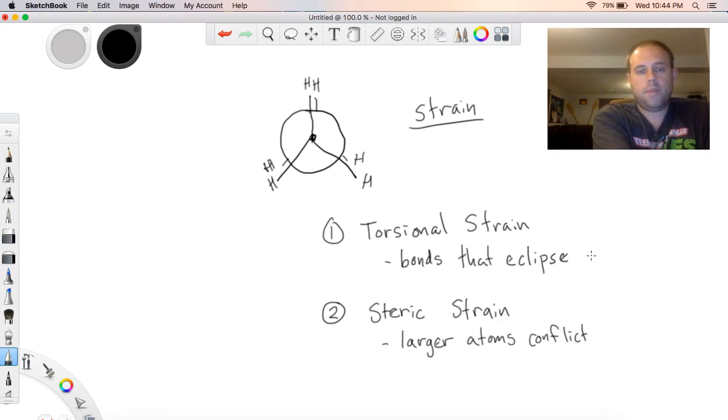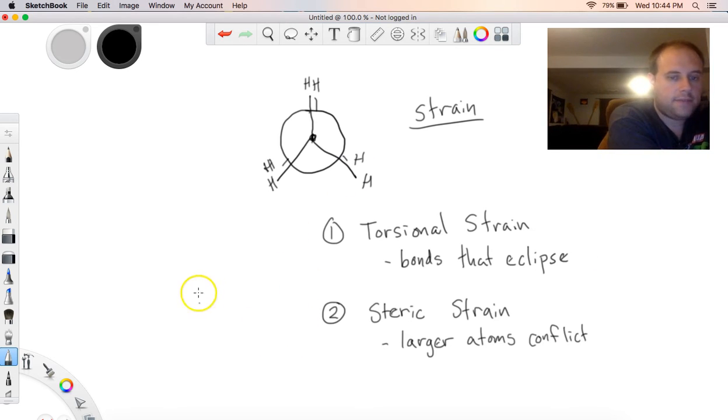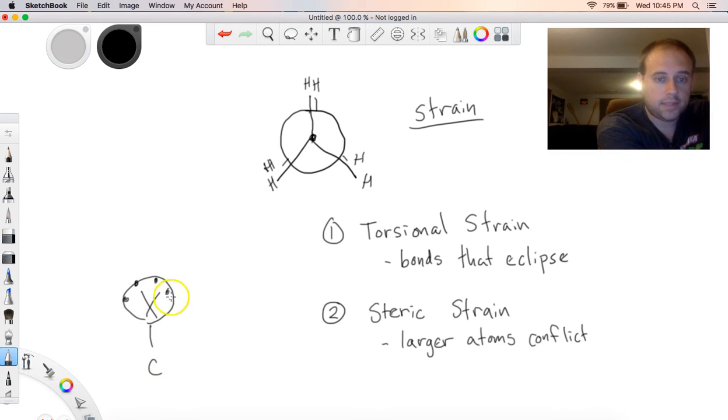So think about an atom, right? If I have some atom X, and X is bonded to some carbon, atom X still has its own orbital and its own electrons. This is an oversimplified version, right? But there's electrons surrounding atom X. So if I keep another atom X in very close proximity, or an atom Y, or whatever this atom might be, right?